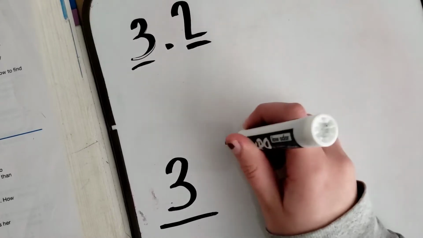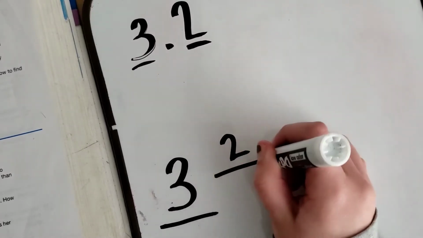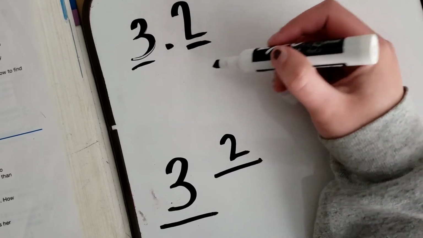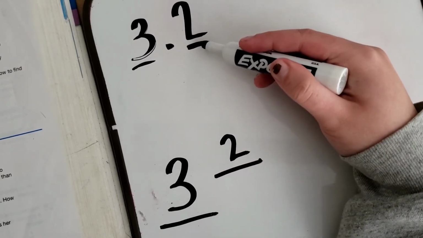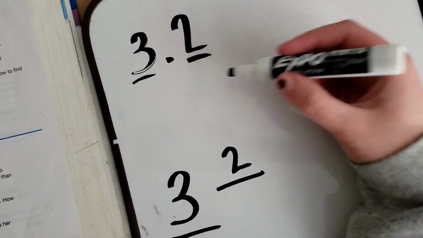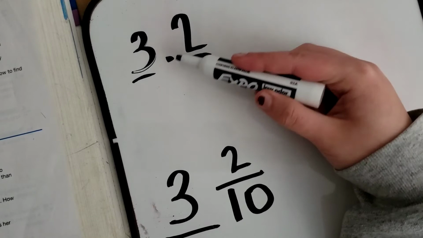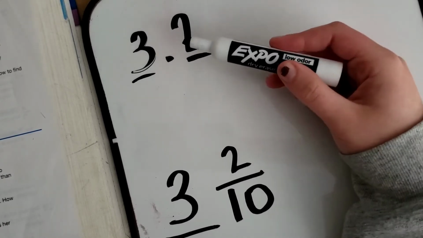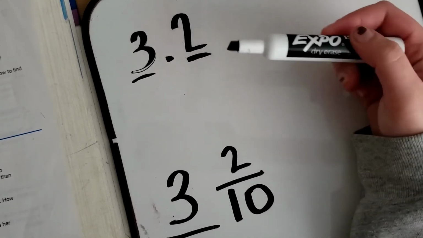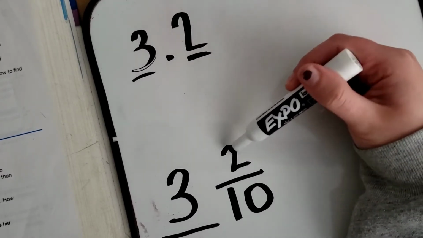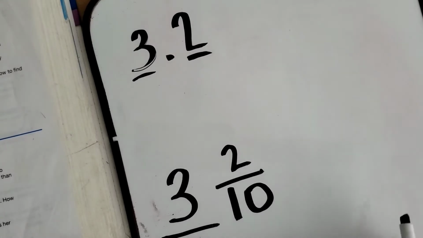This number is our numerator, and the position it's in, whether it's tenths, hundredths, thousandths, whatever, tells us what goes on the bottom. It is in the tenths place value, so we put a 10 there. So 3.2, or 3 and 2 tenths, written as a fraction is 3 and 2 tenths, just like that. So that is how we write that as a mixed number.